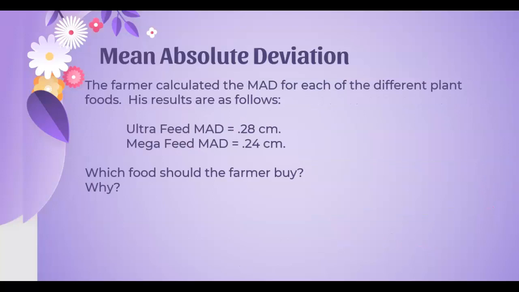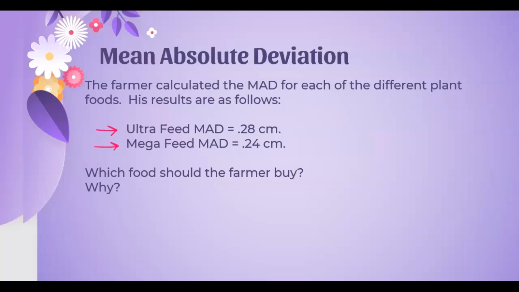So when we calculated the MAD for each of the different types of plant foods, his results were this. The ultra feed had a 0.28 centimeter mean absolute deviation, and the mega feed had a 0.24 centimeter MAD.